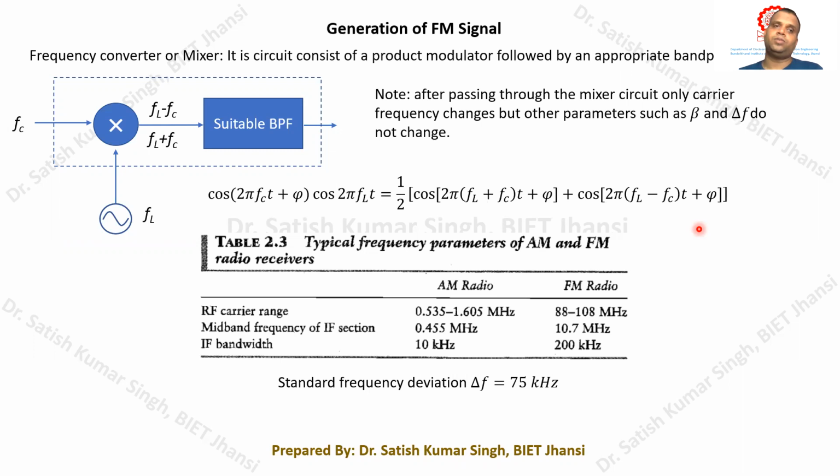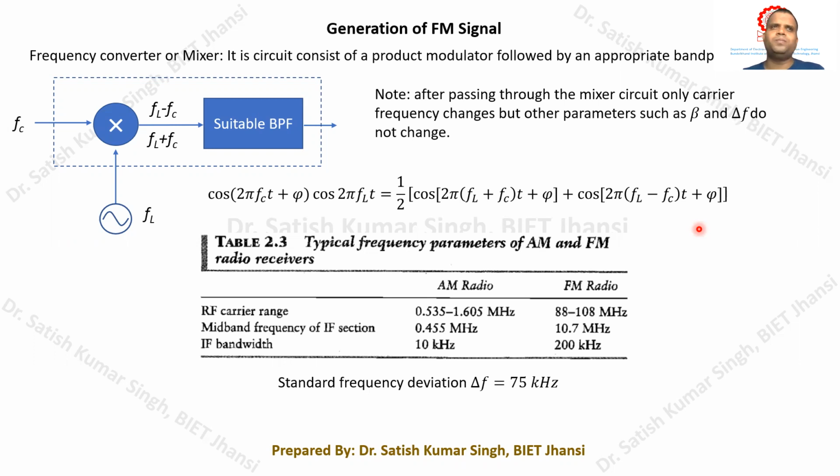Nowadays many people are listening to FM radios, because we have FM radio in our automobiles and in our mobile phones. AM radio is again being used nowadays. It is not that we don't use it.